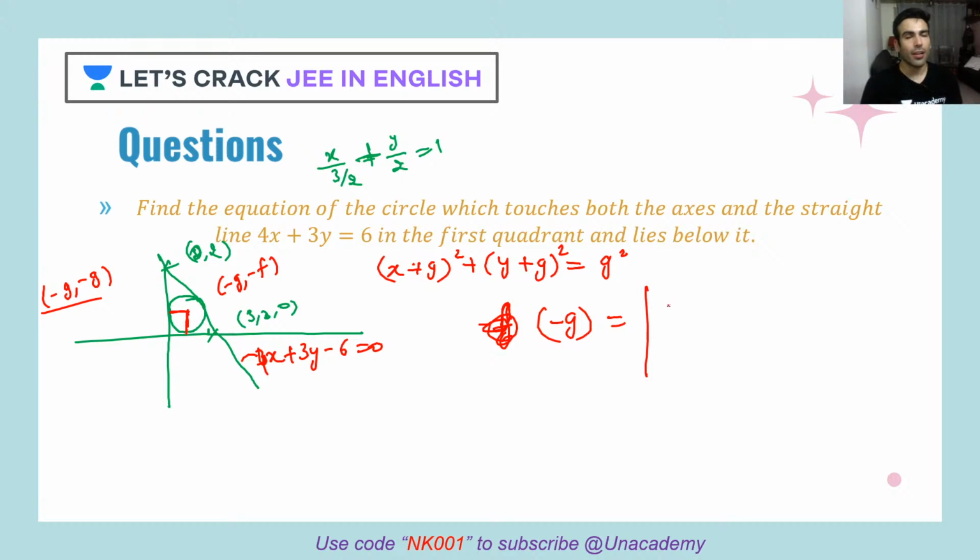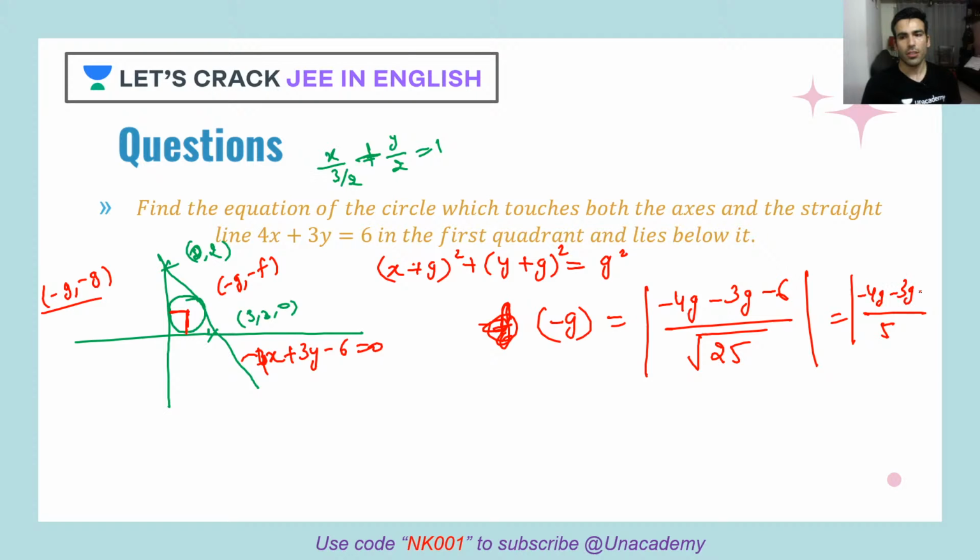Now I will draw the perpendicular from minus g comma minus g. So minus 4g minus 3g minus 6 upon root 16 plus 9, basically 25. So I can rewrite this as minus of 4g minus 3g minus 6.